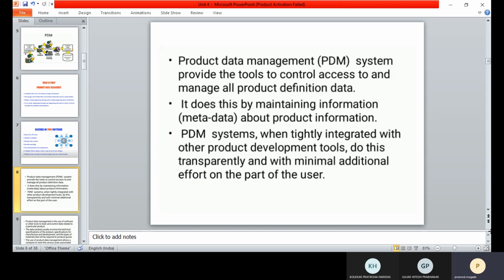After that, you can see PDM does maintaining information about the product. Of course, we have to maintain it. That's why we say product data management. If we know the proper inputs, such as the requirements of the parts in our case, those inputs definitely help to develop the product. That's why maintaining the information is very important.